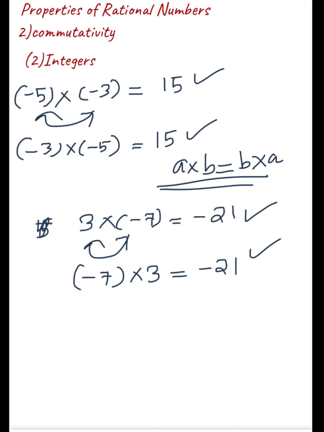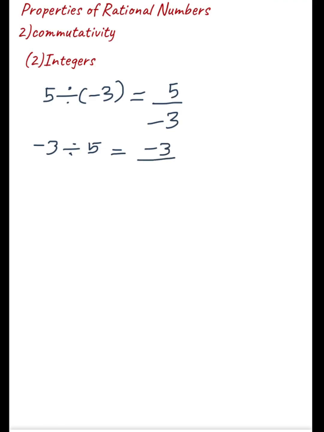Okay, understand? Now let's see the case for division. In the case of division, I am taking two numbers, 5 and minus 3 itself. 5 divided by minus 3. What is 5 divided by minus 3? 5 by minus 3. Now what about minus 3 divided by 5? The answer will be minus 3 by 5.